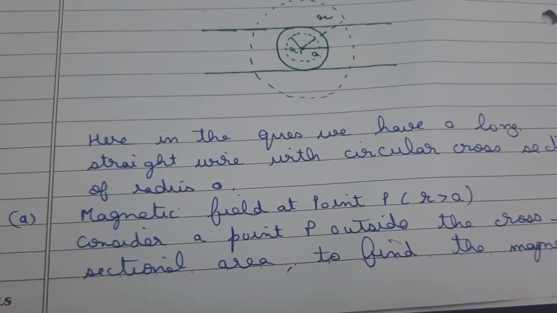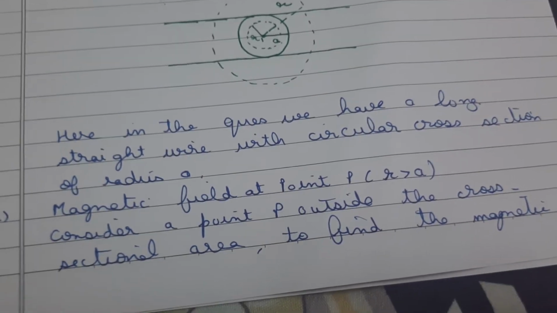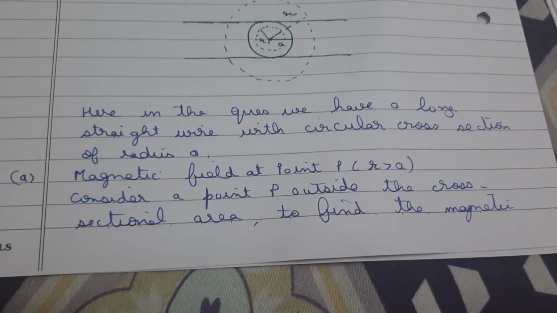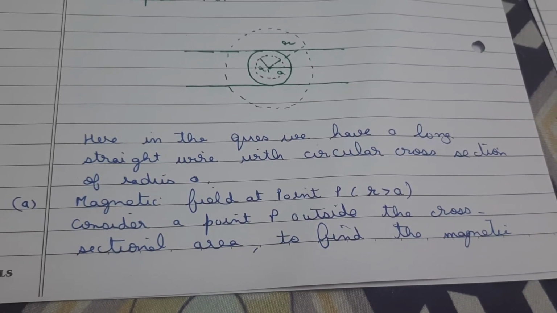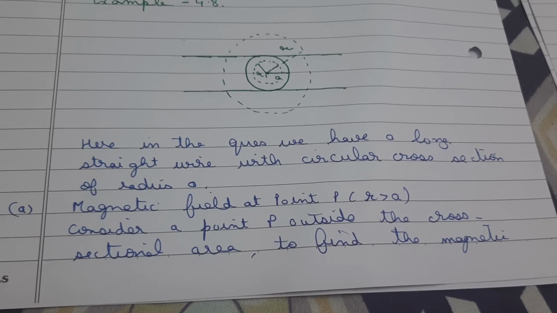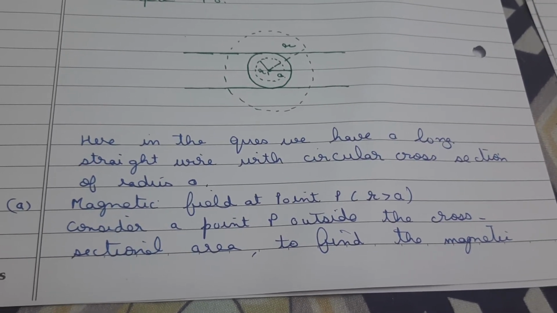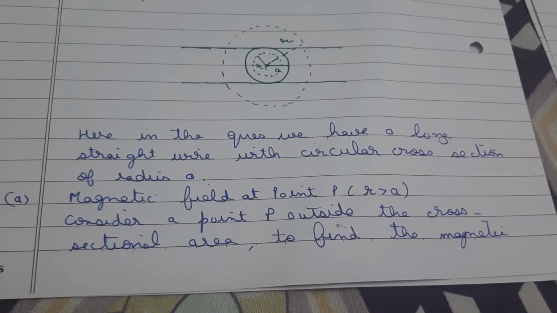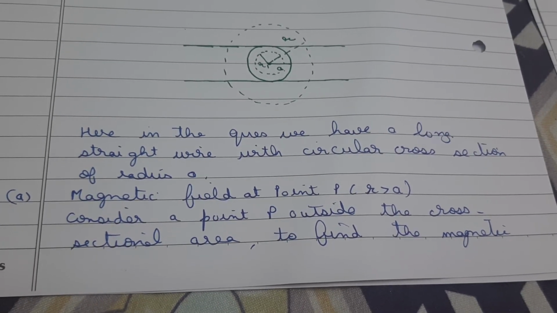So here in the given question we have a long straight wire with a circular cross section a. First we will consider a point P. That point P is at a distance r from the center of cross section such that r is greater than a.